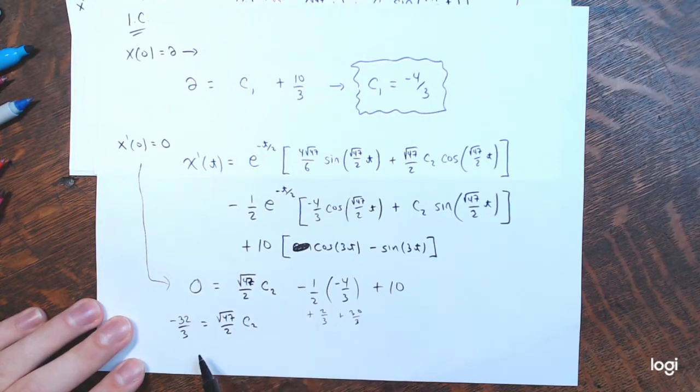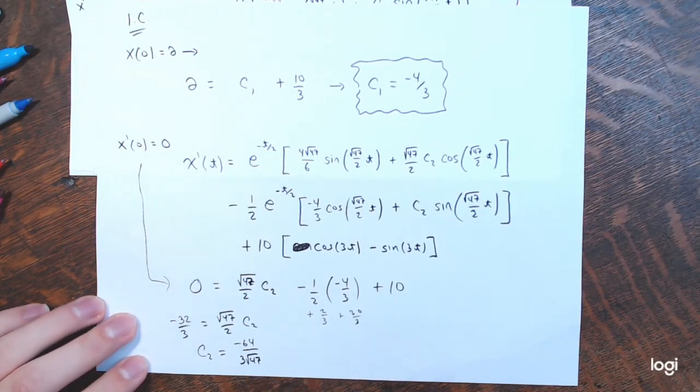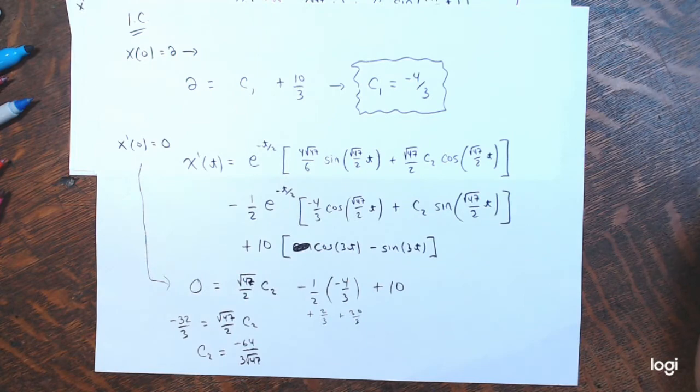So C2 would be negative 64 over 3 root 47. And I don't feel like rationalizing the denominator there. So there you go.